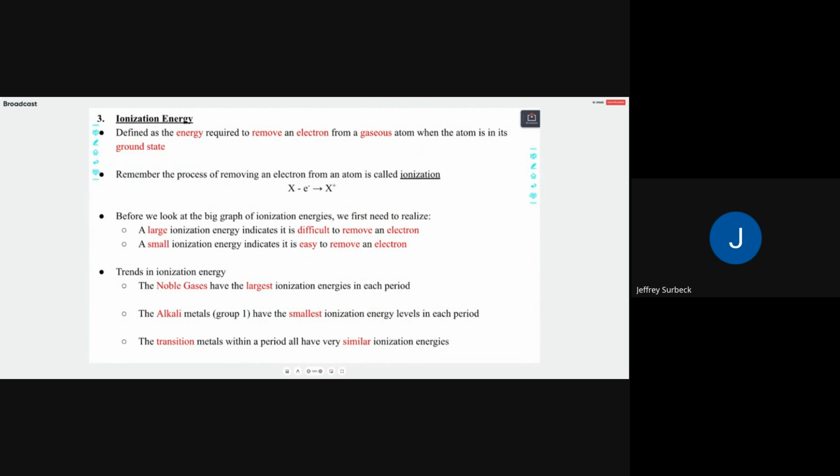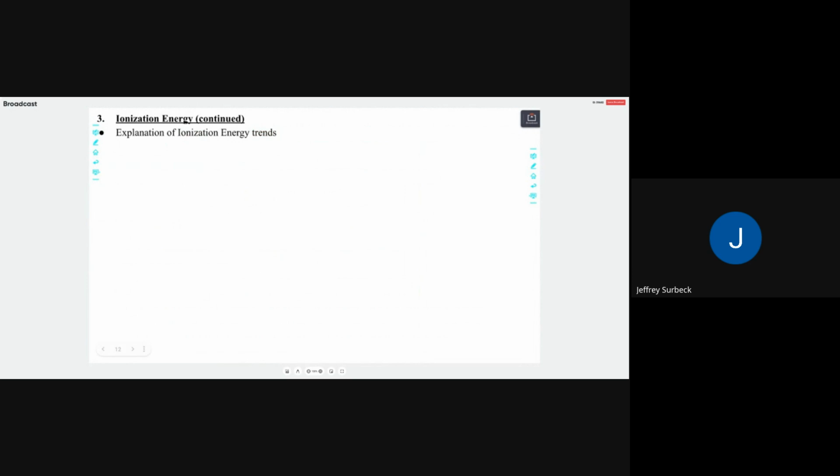Okay, so now let's explain these 3 particular trends. Trend number 1: why do the noble gases have really large ionization energies in each of those periods? Well, let's think about this, all right?